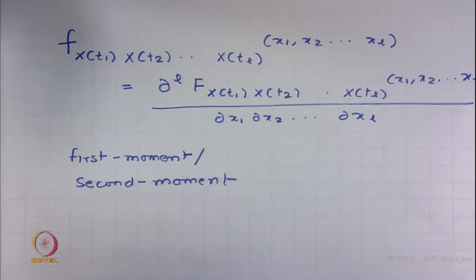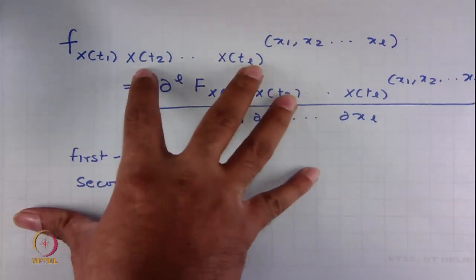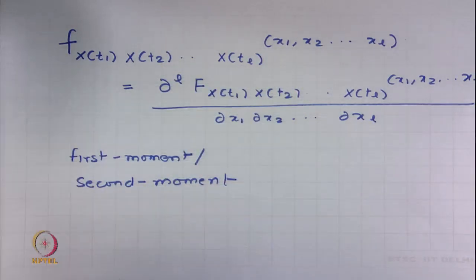So, we do not have to worry about writing down the joint probability density function. The first moment and second moment would be enough most of the time to fully characterize the random process.